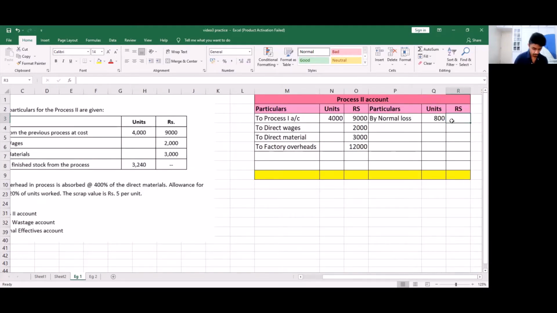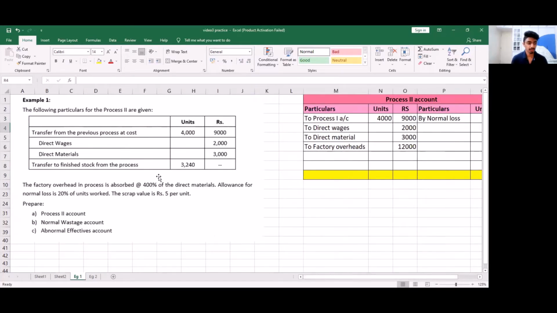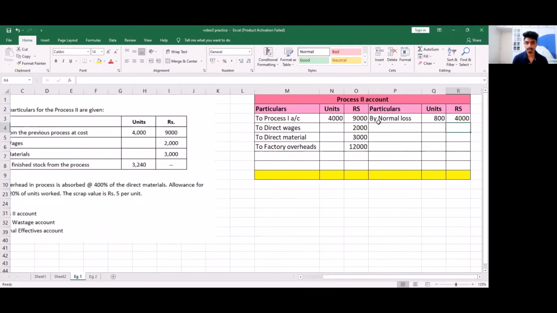So to get the realization, we are going to multiply 800 into 5, which gives us 4,000. Next, the question has given us that transfer to finished stock from the process is 3,240. So this is our finished goods. So by finished goods, 3,240.